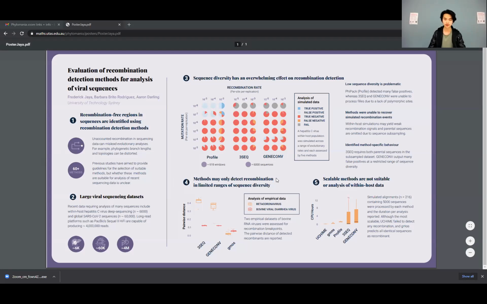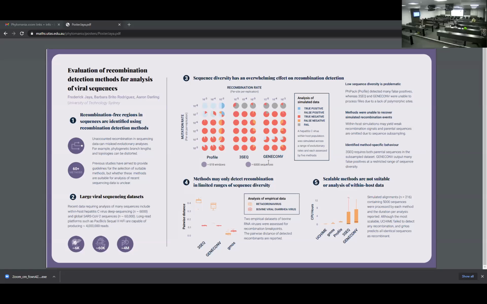And all of the 5 methods here detect recombination breakpoints. For example, the BootScan looks, I think, for a recombination signal across the entire alignment, but we're interested in finding the method that can pinpoint the location of the recombination breakpoint.